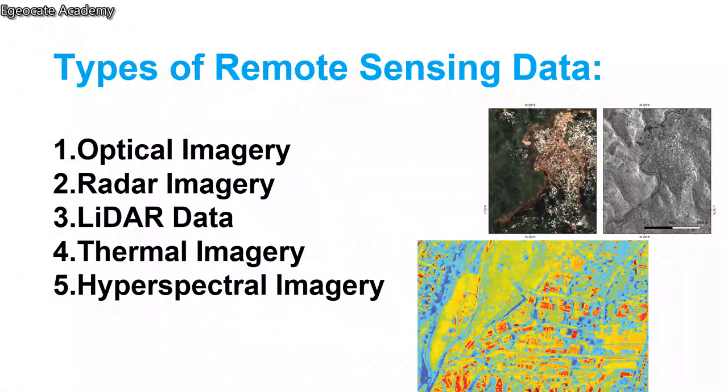But we have also radar imagery, which uses the microwave wavelengths. But optical imagery, which I talked about, uses the visible range of the electromagnetic wave. But radar imagery uses the microwave electromagnetic wave.